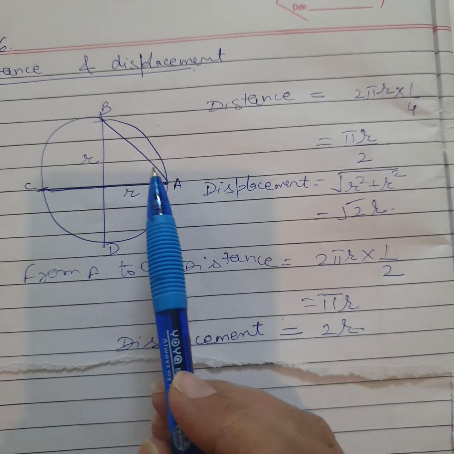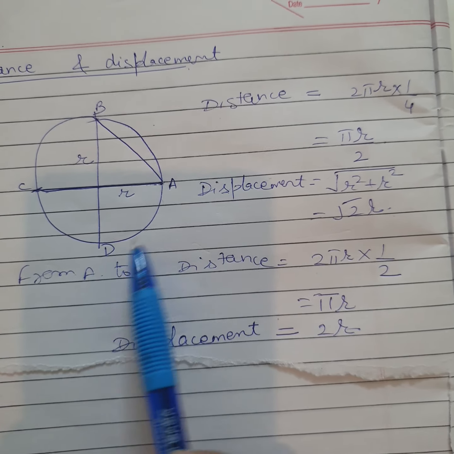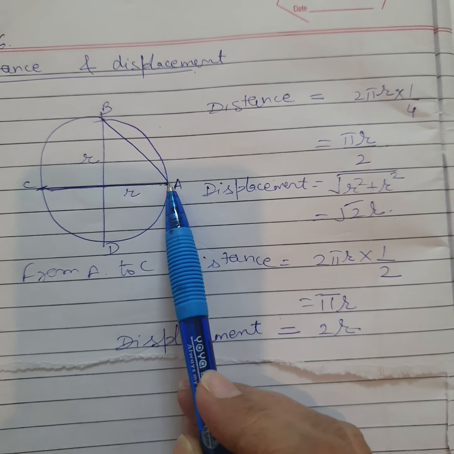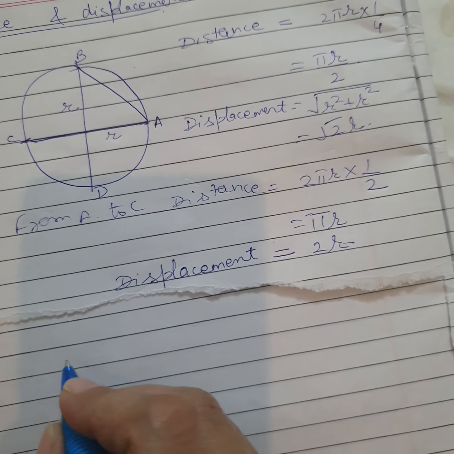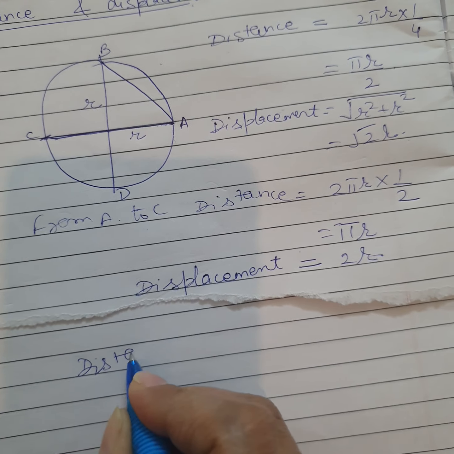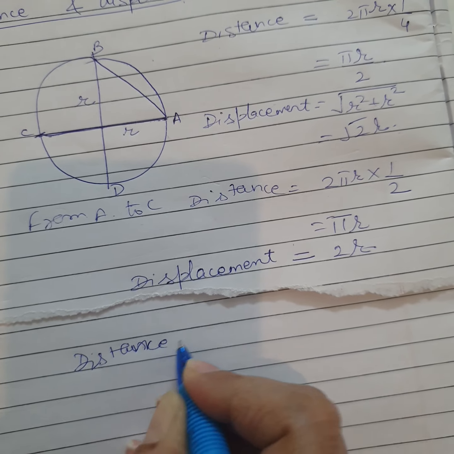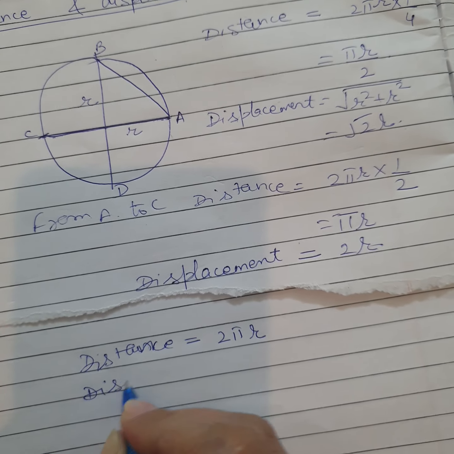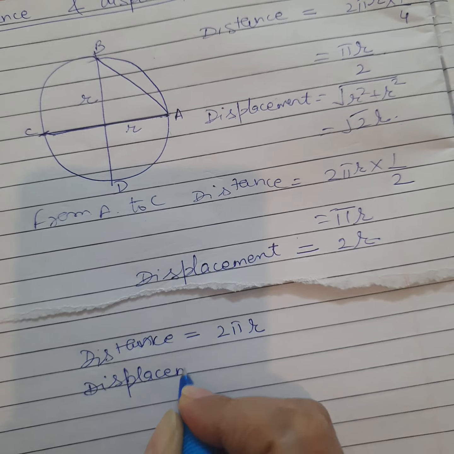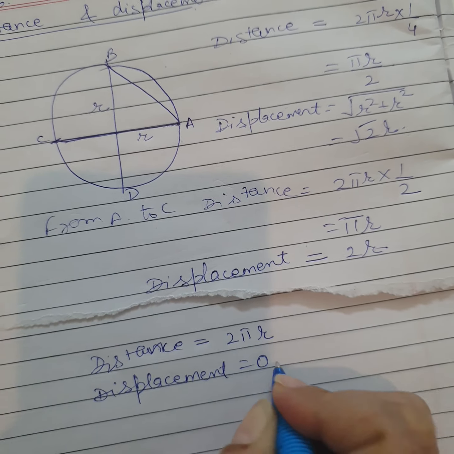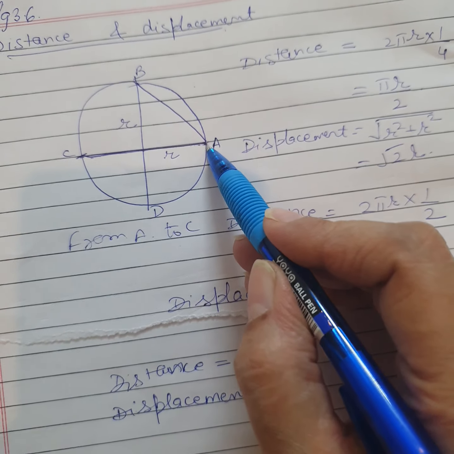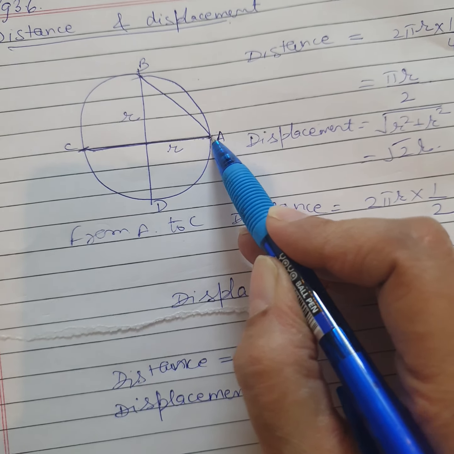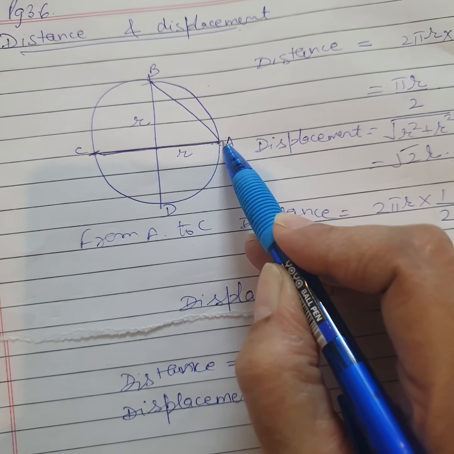Similarly, you can find it from A to D. When the object covers one revolution, distance is equal to 2 pi r, but displacement is equal to 0, because when it completes one revolution, its initial and final position is the same.